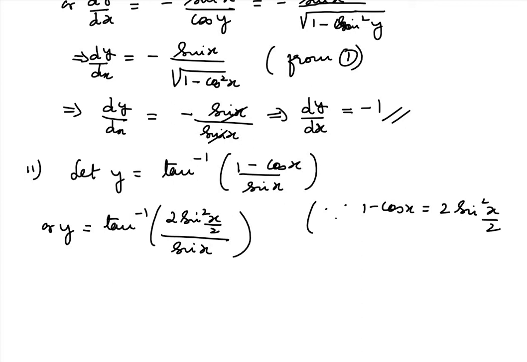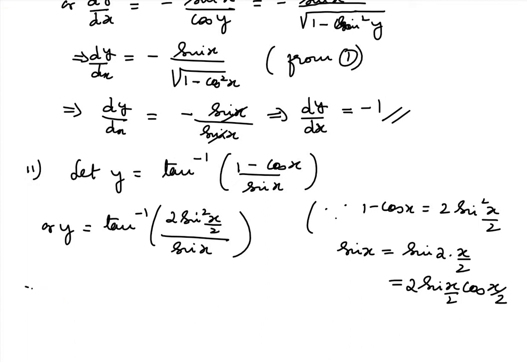And one more thing you can do, you can substitute this sin x. Sin x can be written as sine of 2 into x by 2. And what is the formula of sine 2 theta? It is 2 sin theta cos theta. But here theta is equal to x by 2. So it can be written as 2 sin x by 2 into cos x by 2. So for the denominator sin x also, you can replace it by this value.